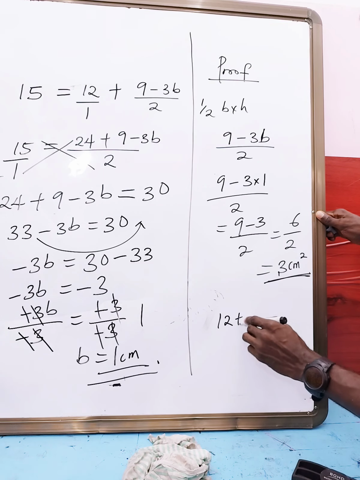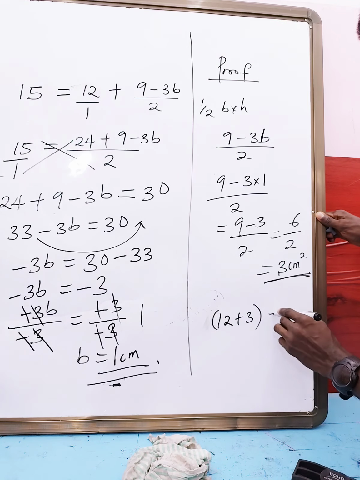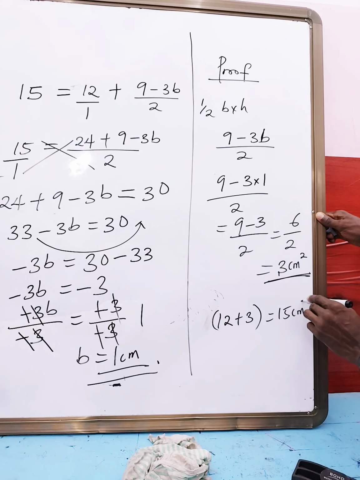If we add the 12 plus this 3, we have 15 centimeters squared.